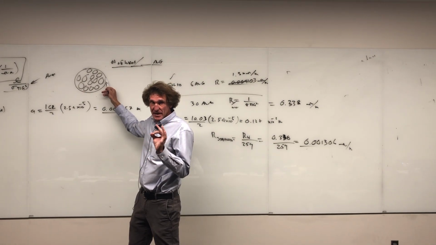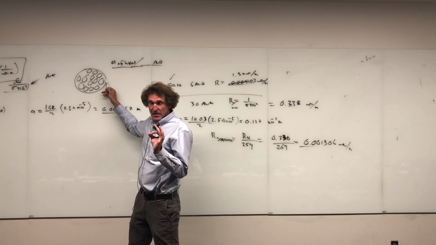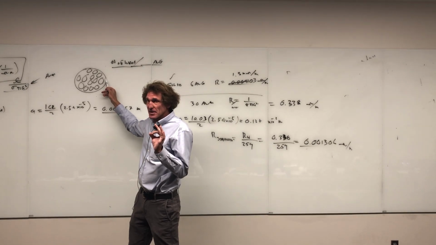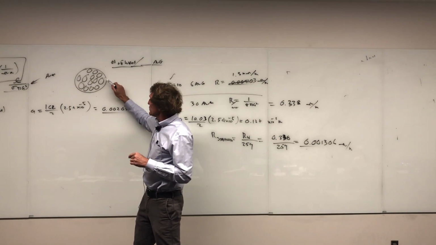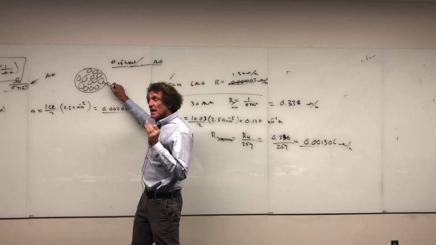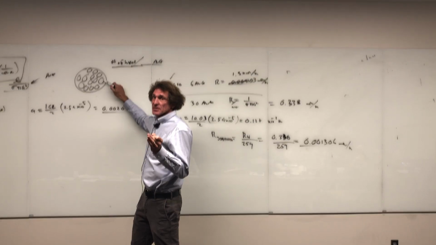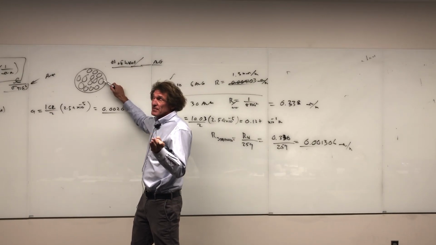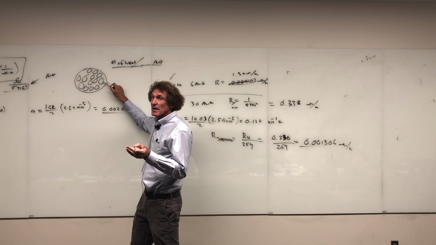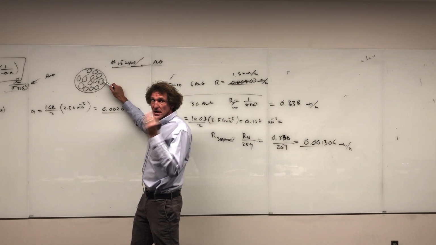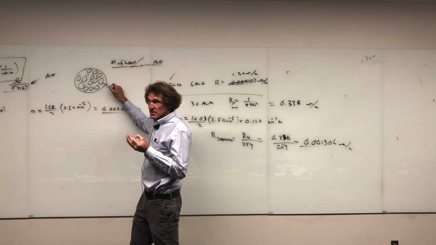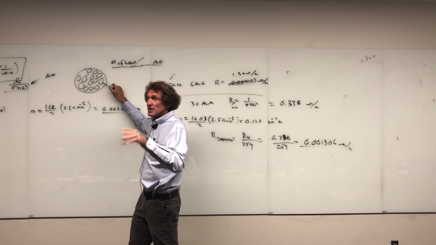But if it's stranded, then it may not. And that's the thing you have to keep in mind. You always take a look at the skin depth with respect to an individual wire when it's bundled. And if the skin depth is significant, if it's less than the actual radius, then you have to default to the high frequency formula for the single wire resistance per meter. But if it's not, then you don't do it.